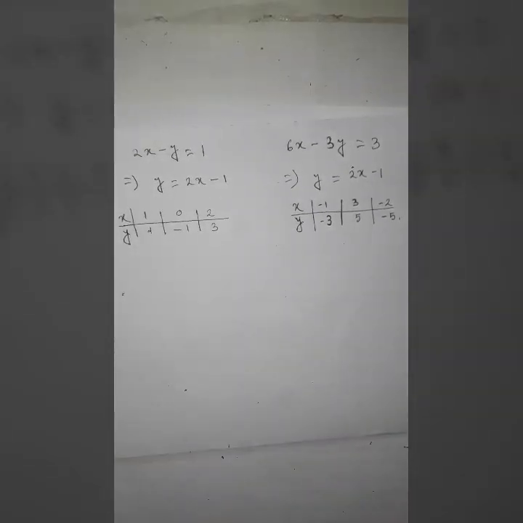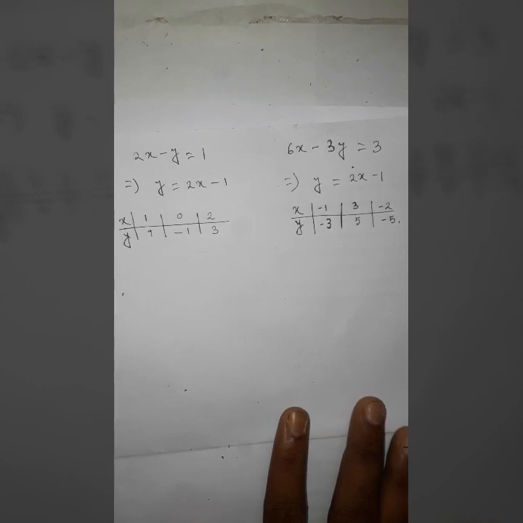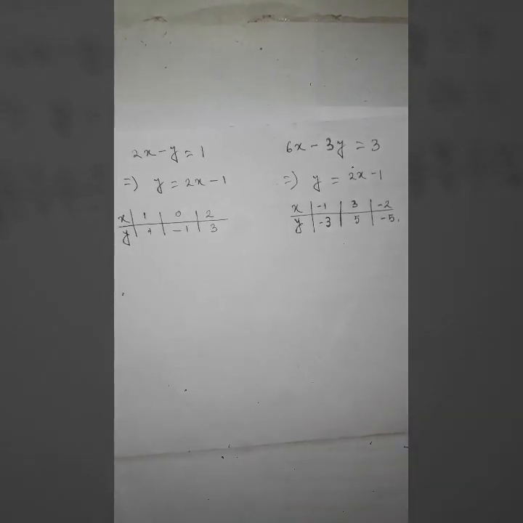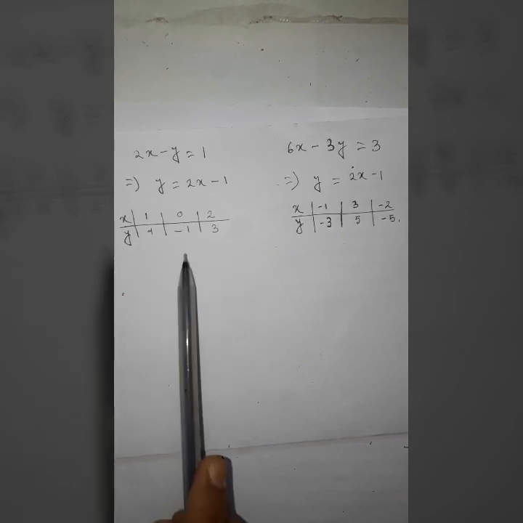Now graphically let us see whether this example is consistent or inconsistent. That means whether they are intersecting or parallel or coincident lines. To draw the graph, at first we have to find the values of x and y to draw the graphs of both these 2 given equations.